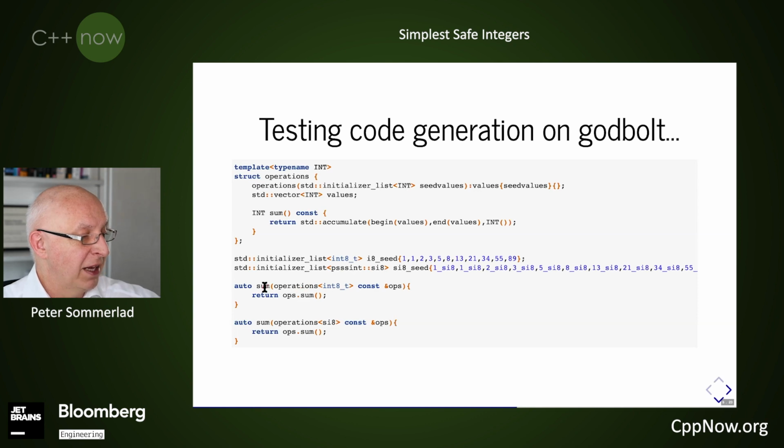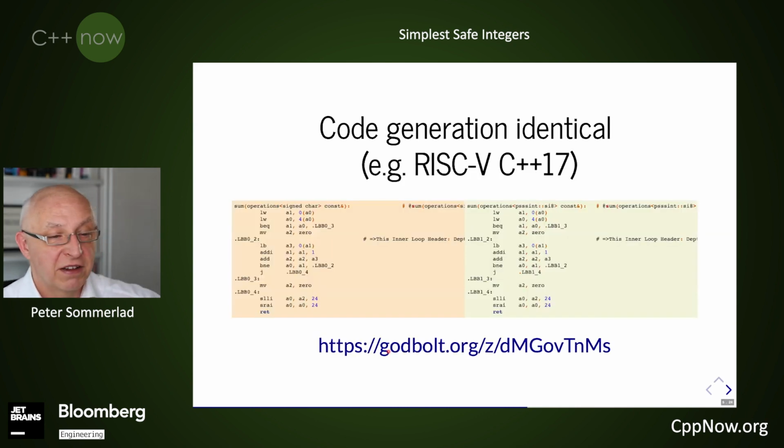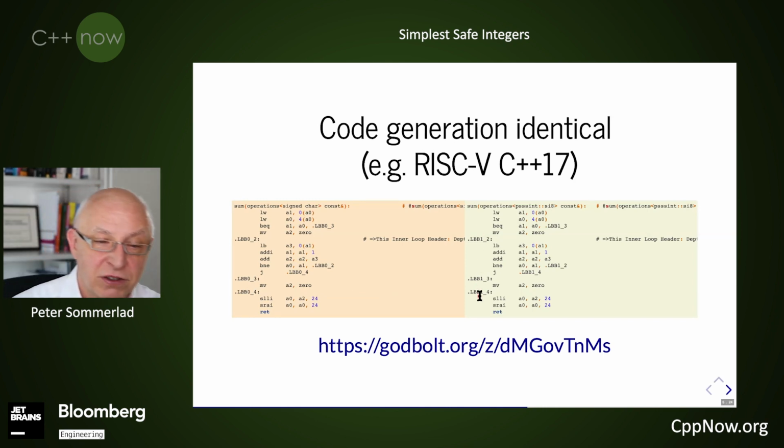And I implement that as a function that takes the regular int8_t and one of our special integer types, and you can play around with that on Godbolt, and this is the corresponding Godbolt link. And the code generated is absolutely identical, except for the label names, because it's in the same file. They will have different label names because of the different functions. And I checked that with the diff tool.